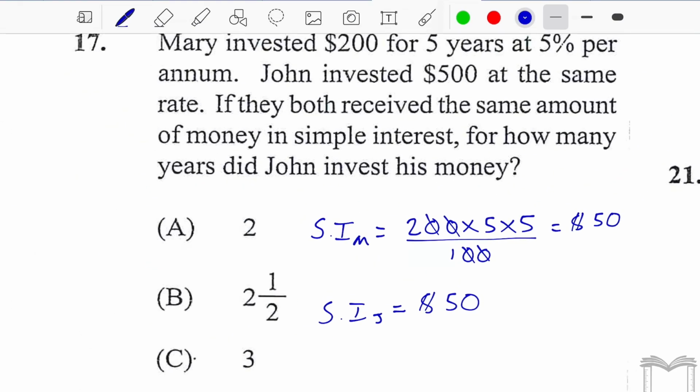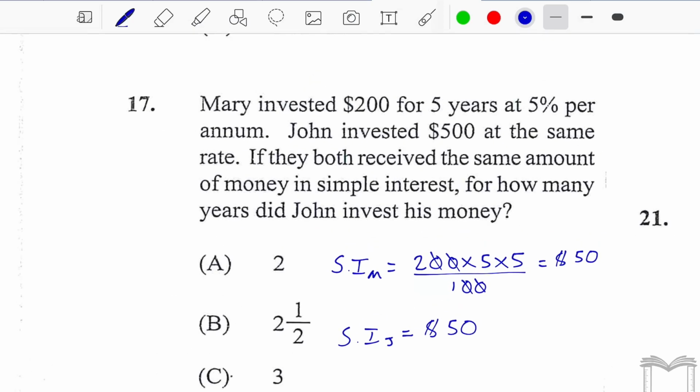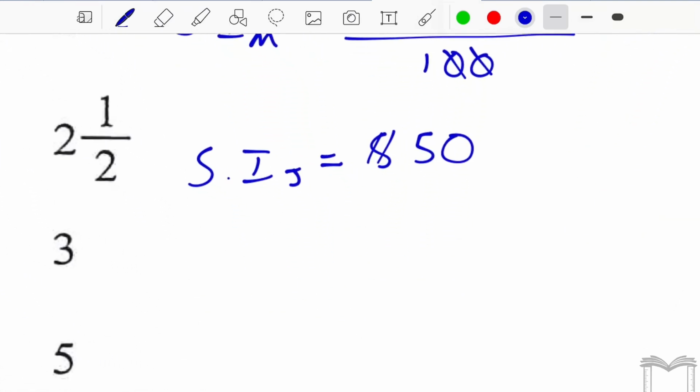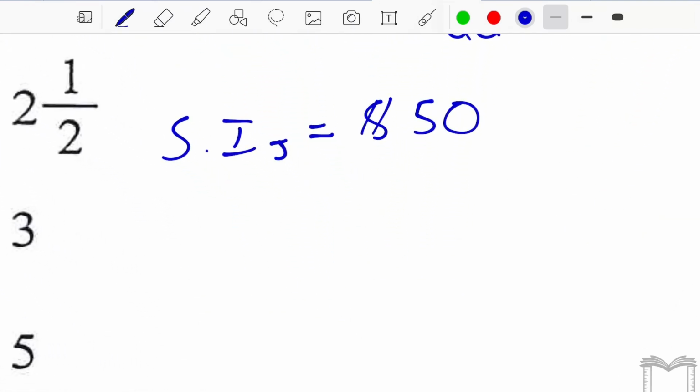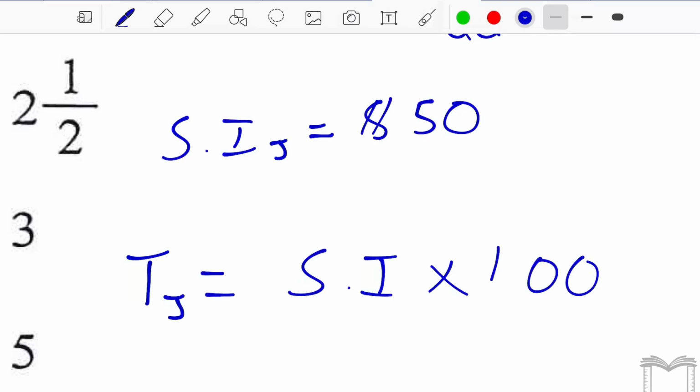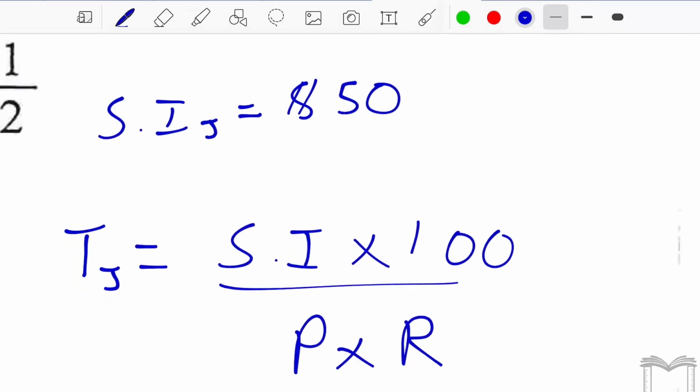Now we are required to determine how many years John invested his money. So John invested $500 at the same rate, so we are trying to find time for John. We know that the formula for time is simple interest times 100 over principal by rate.